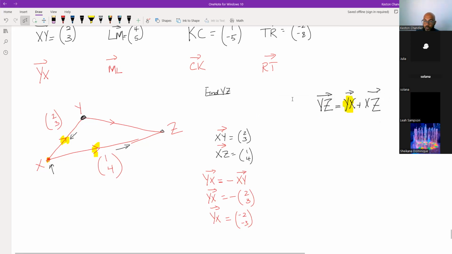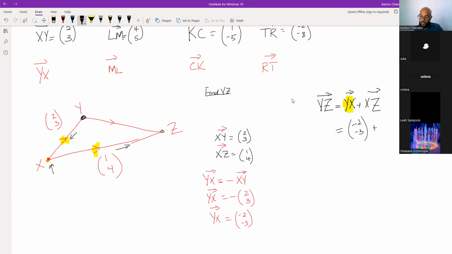Right, now I could go and work this out. So check what's going to happen here now. My vector for YX is (-2, -3), because I'm traveling in the opposite direction to what they gave me. They told me the vector XY is (2, 3), but I need to use YX, which is in the opposite direction. So I change it to fit my purpose. To change the direction of a vector, you put a minus sign in front of it.